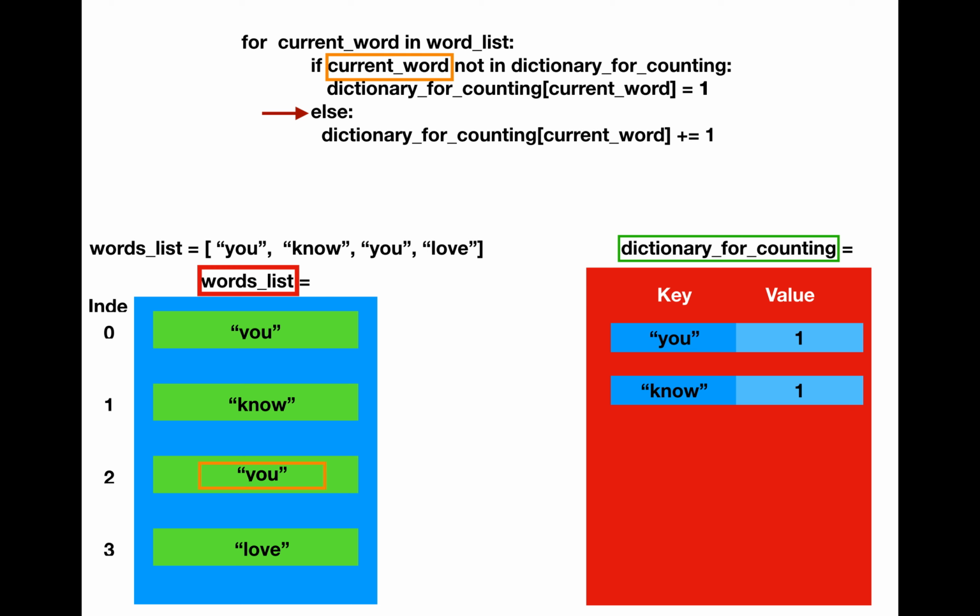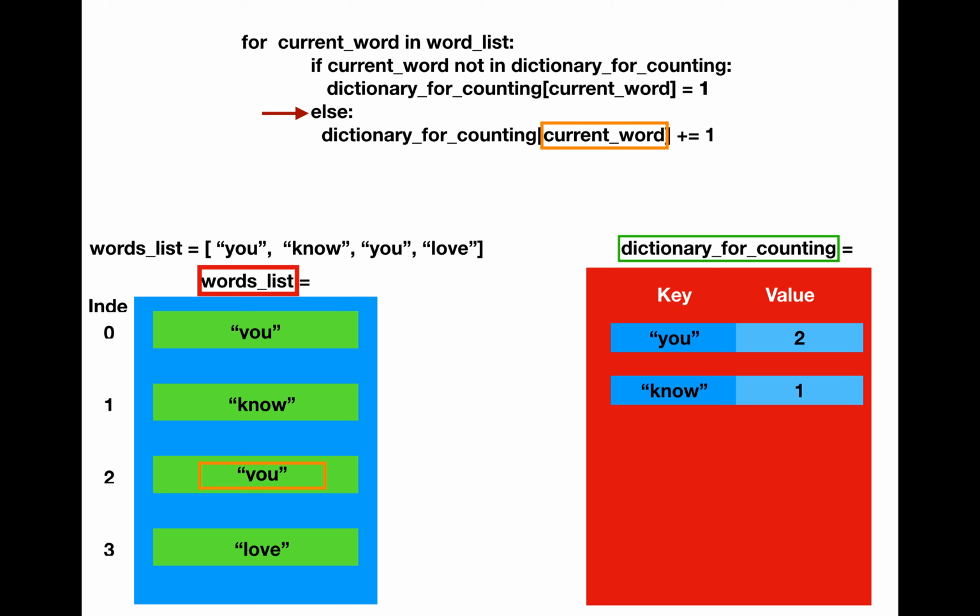So then we go to the else part of this if statement. And in the else part, we are going to say, for the dictionary of counting, update the current word, update the key, which is string value u, and we're going to add an equal to 1. So we're going to add 1 to the current value, in which case we are going to end up with 2.